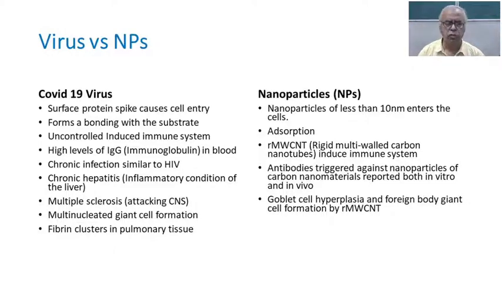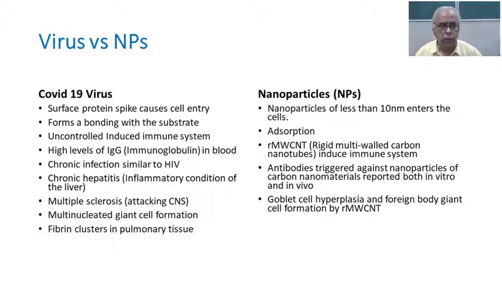And it will trigger an uncontrolled induced immune system. You can find in COVID positive patients, when you check the blood, high levels of IgG, that is immunoglobulin, and this will mislead to a chronic infection almost similar to HIV also.